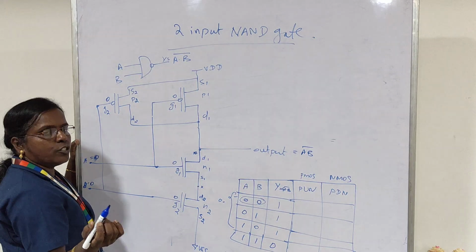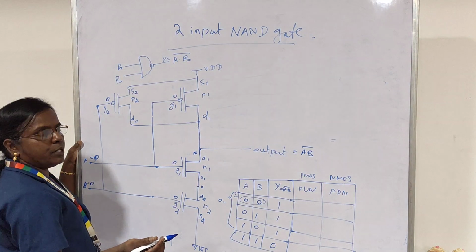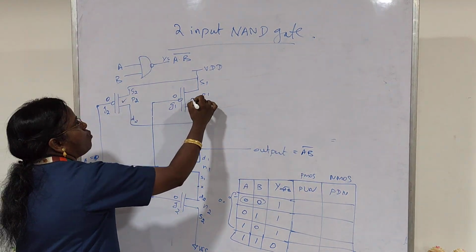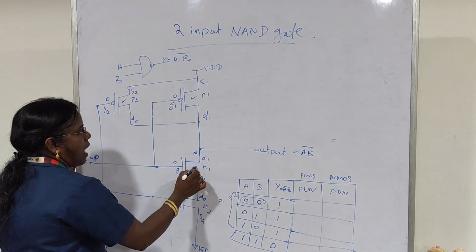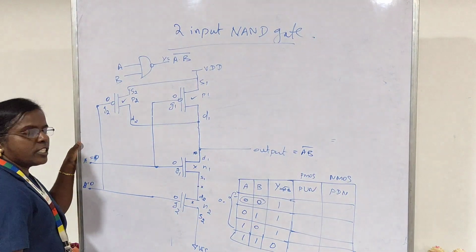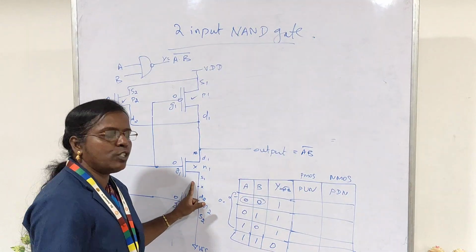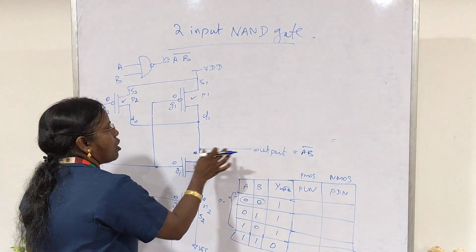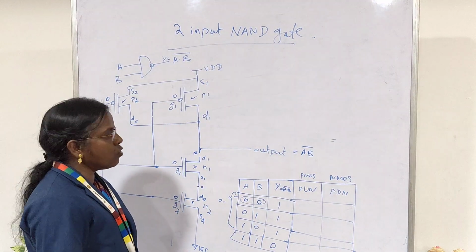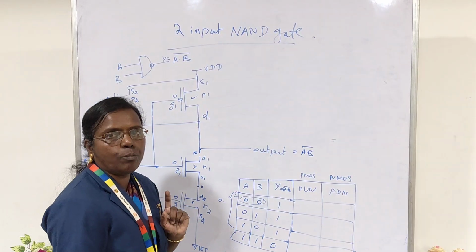Whenever the gate input is 0, the PMOS transistors will be switched on. So both P2 and P1 will be switched on, and N1 and N2 NMOS transistors will be switched off. So the entire pull down network will be switched off, which will disconnect the output from the ground potential. So logic 0 cannot appear at the output terminal.